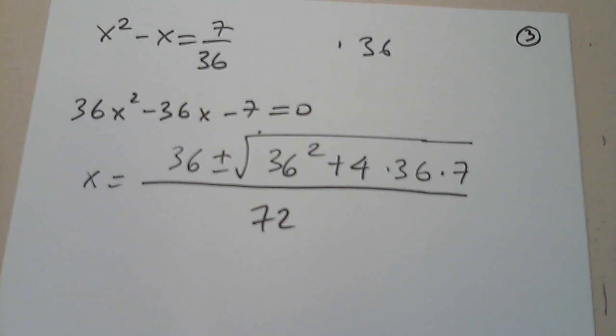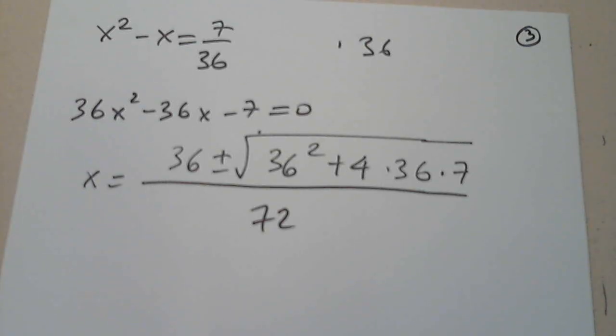you either use the apps or you use this, second and entry. And let me start from scratch, it's easier and better. So parentheses for the numerator, 36 plus the square root of 36 squared, and then plus 36 times 28, 4 times 7.